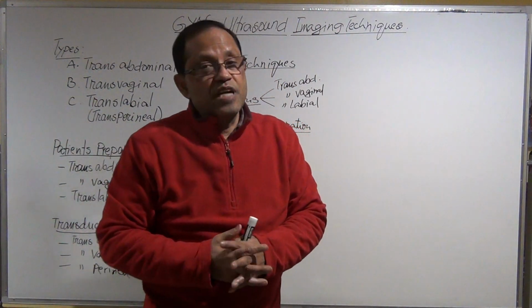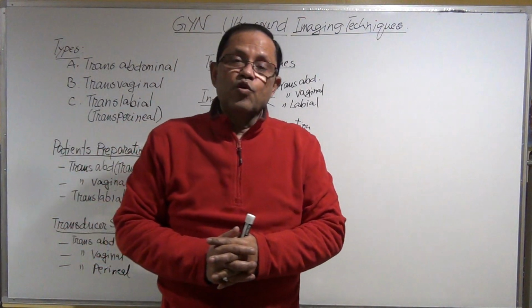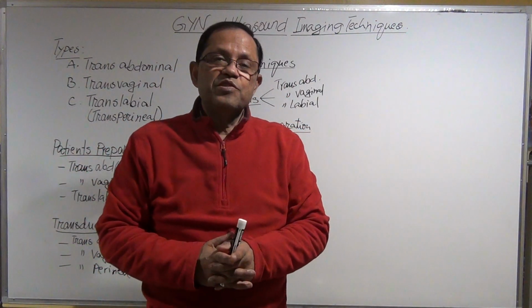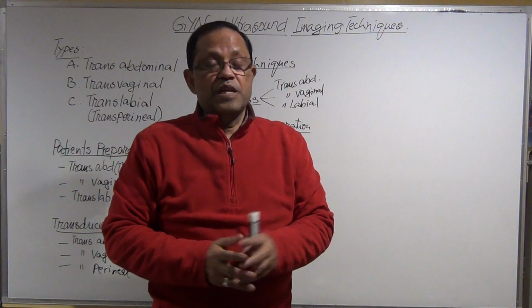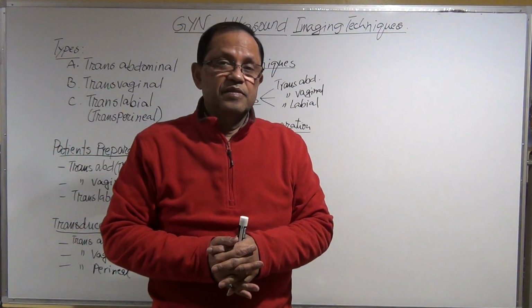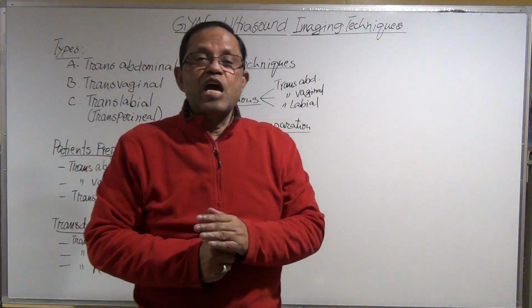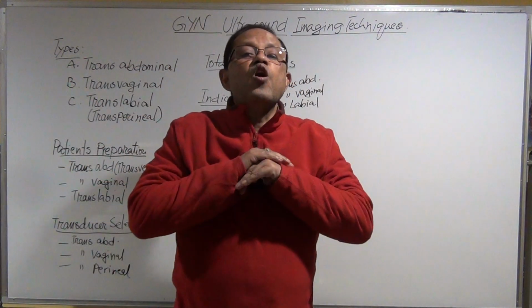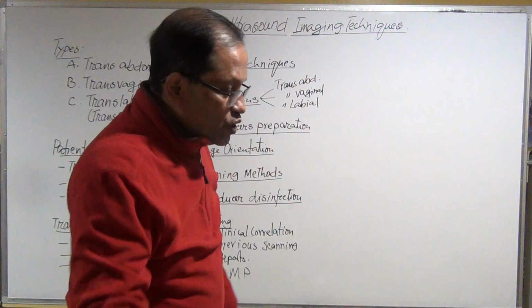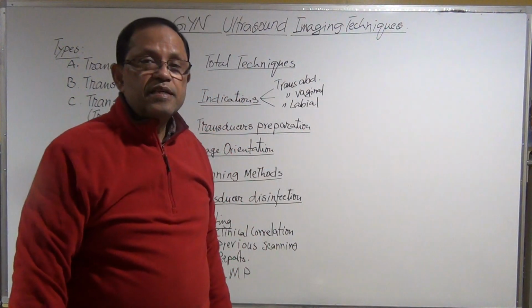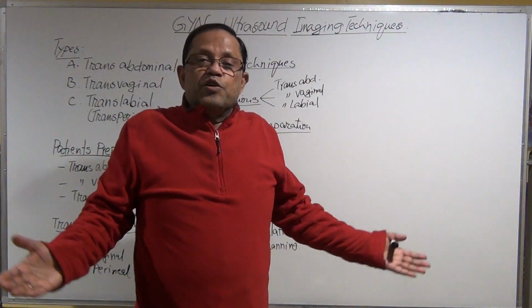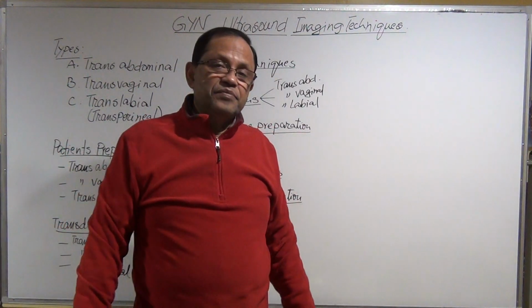And it causes dirty shadow, a snowstorm appearance. That is the artifact. Part of the uterus and most of the ovaries will be obscured so that you cannot see them, and your diagnosis will be half done.